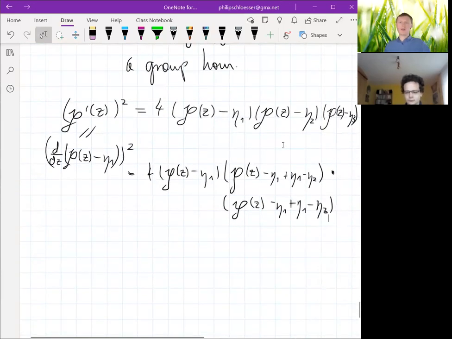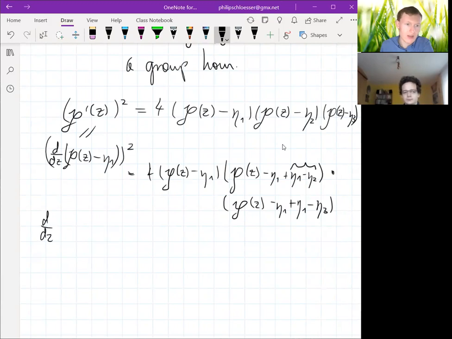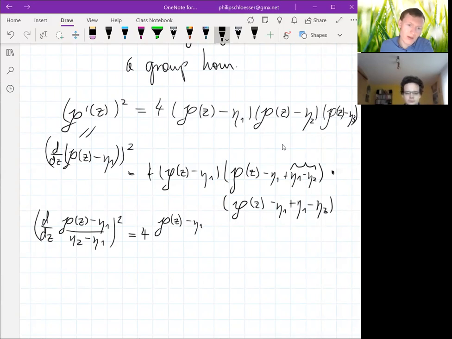Then we can divide by this thing here squared, meaning that we get eta 2 minus eta 1 squared is equal to 4 times, and then we have one of those factors we have here. Sorry, eta 2 minus eta 1.